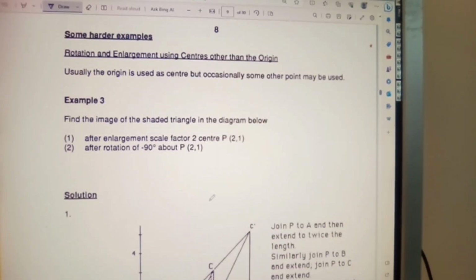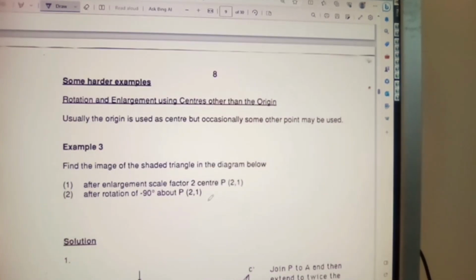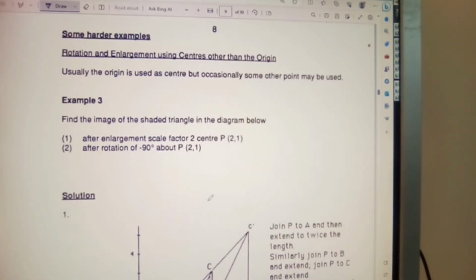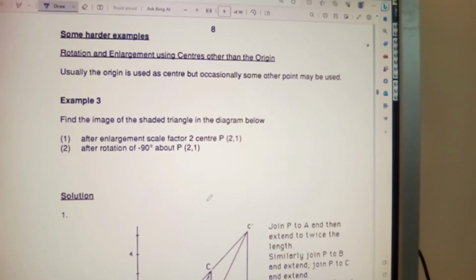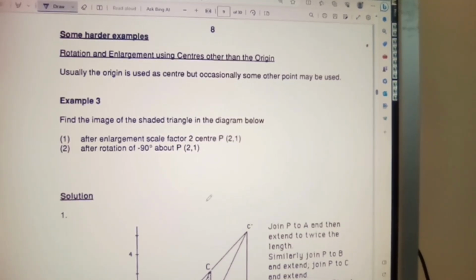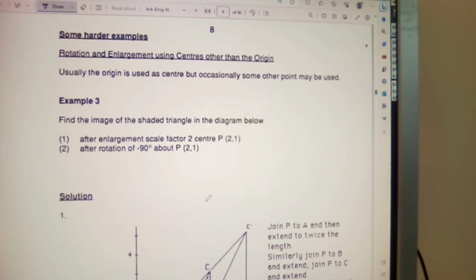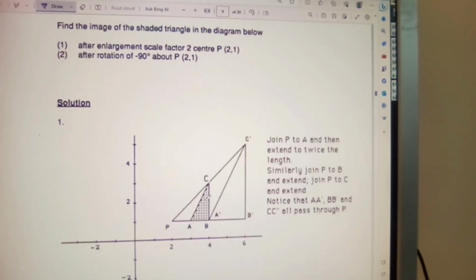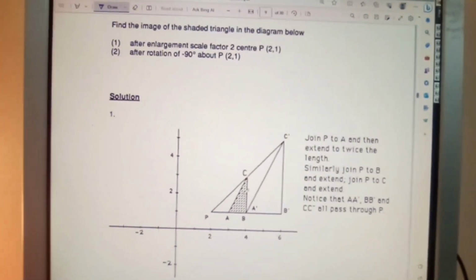Now find the image of the shaded triangle in the diagram below. One, after enlargement, scale factor 2, center P. Two, after rotation of minus 90 degrees about P. Solution.